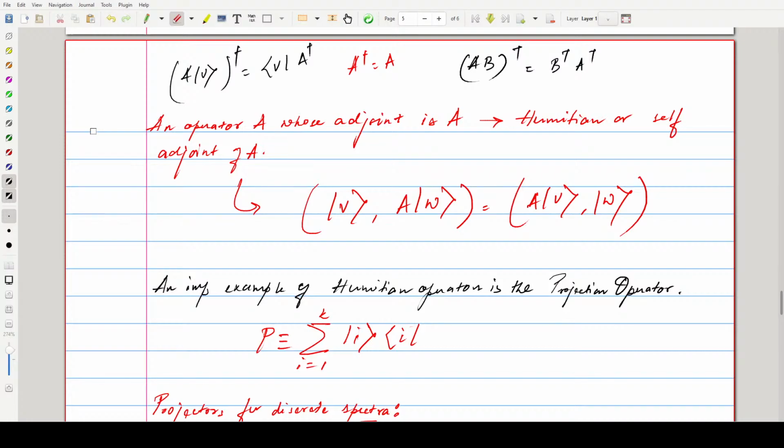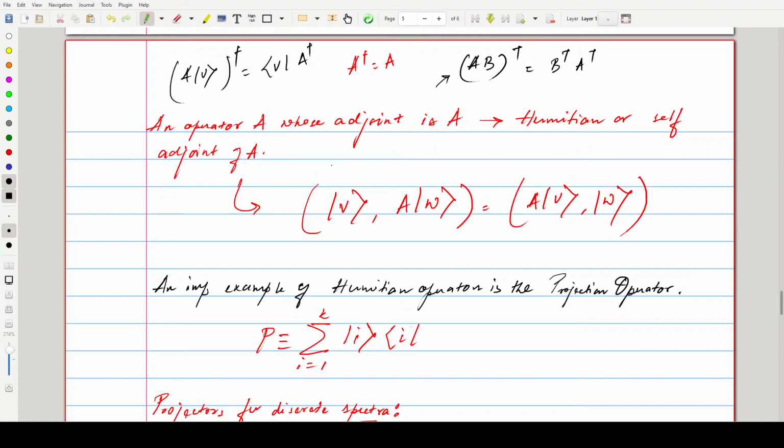We can see two of the most interesting properties of the adjoint operator. It's antilinear, which means that on a linear combination, if this were to be linear, then this sort of thing would happen, but this isn't the case over here.